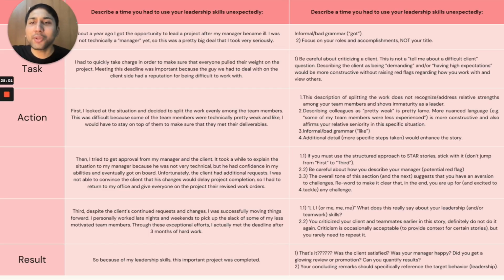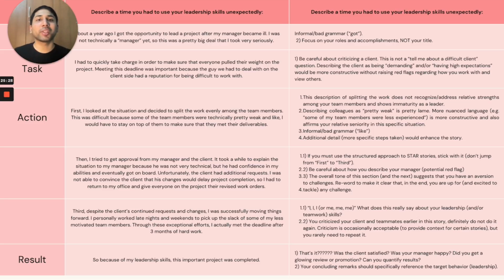First, I looked at the situation and decided to split the work evenly among the team members. This was difficult because some of the team members were technically pretty weak, and I would have to stay on top of them to make sure that they meet their deliverables. Again, the situation is realistic. Your team will have experienced members and inexperienced members, but calling your team members technically pretty weak again shows negativity.